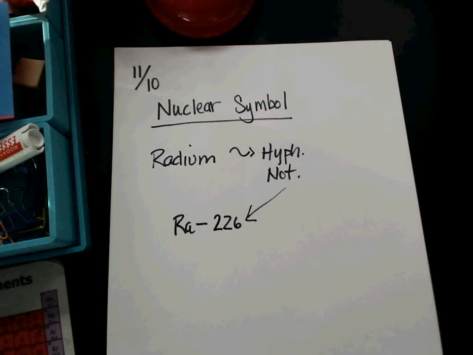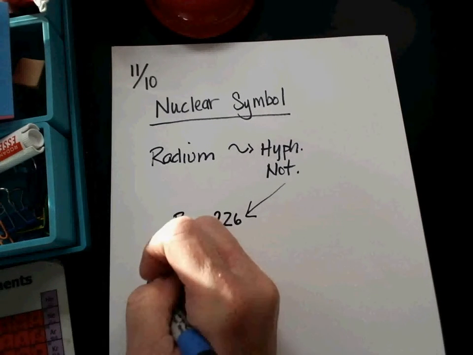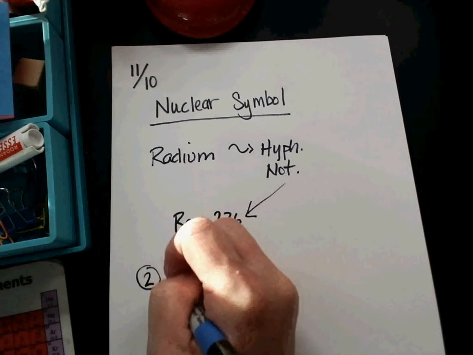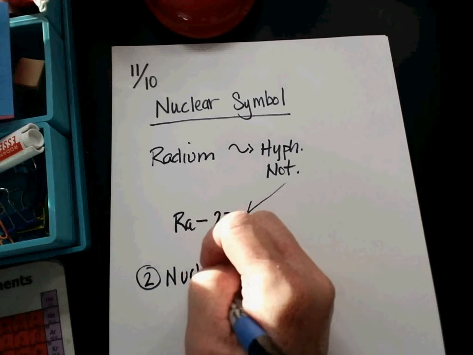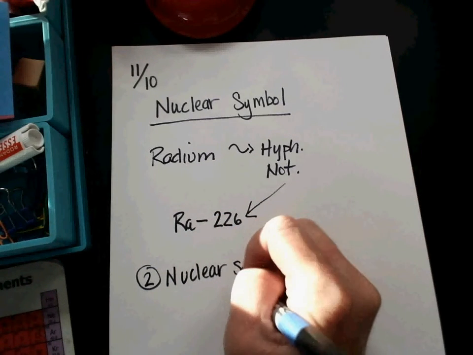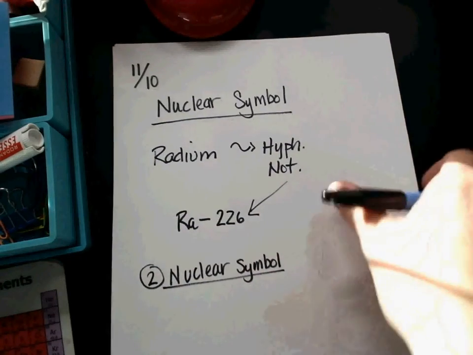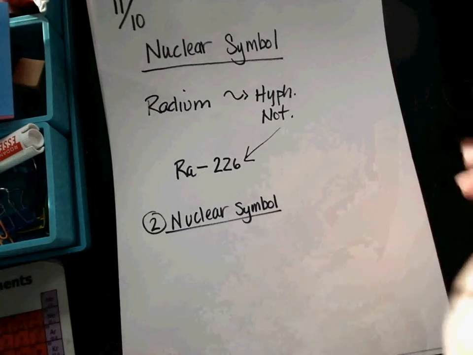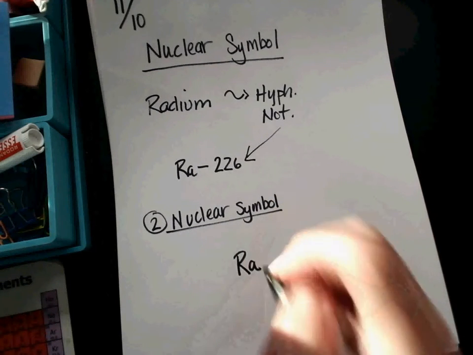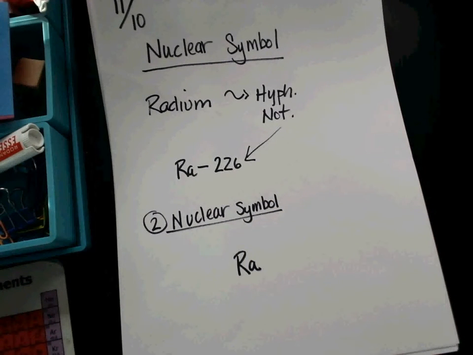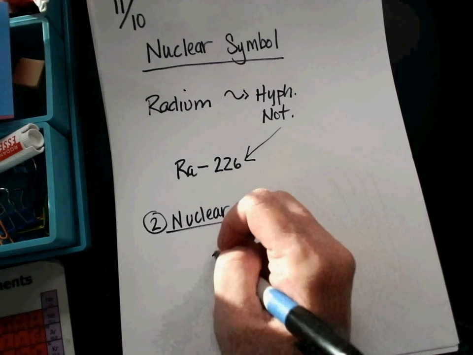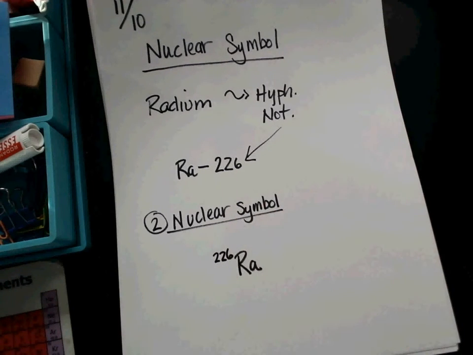To be able to work with it, though, you have to know its atomic number. So there's another way that we write elements. This would be way 2 in your notes. It's called nuclear symbol. So when I write nuclear symbol, we'll use radium again. You write the element's symbol, at the top, like a superscript, you write the mass number.